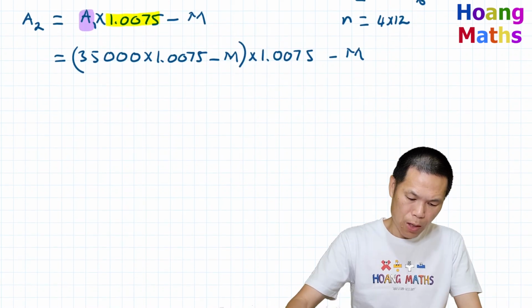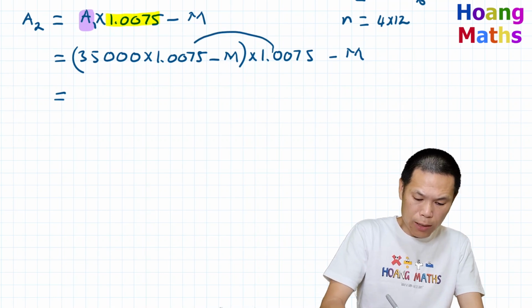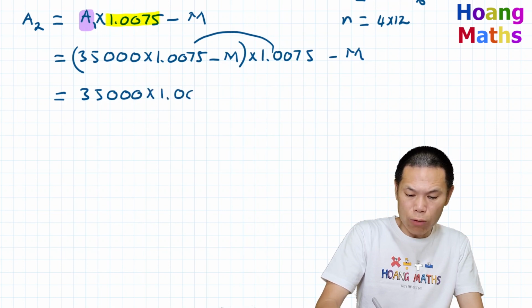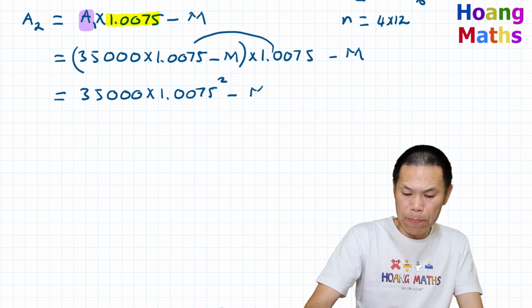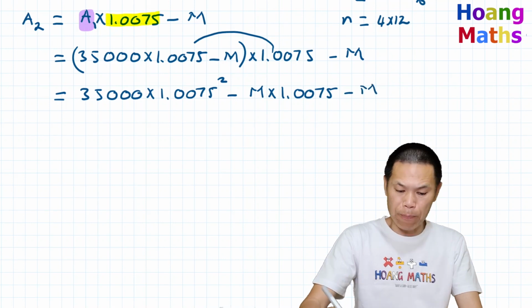So now that is equal to this times together. So it gives me 35,000 times 1.0075 squared minus M times 1.0075, and we minus M.